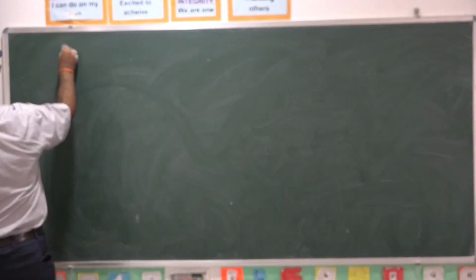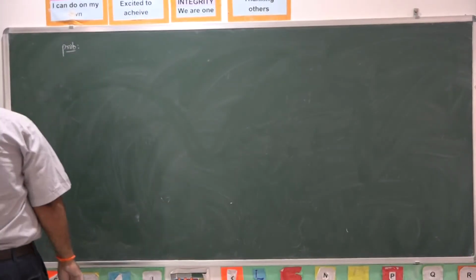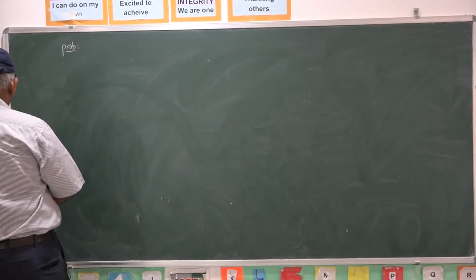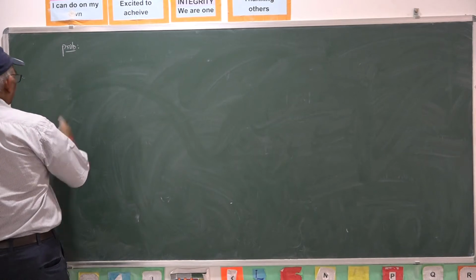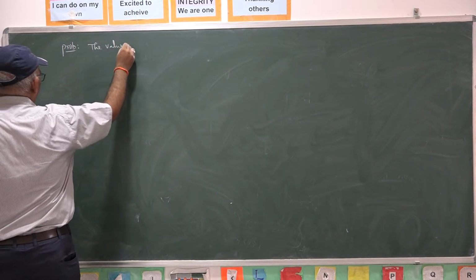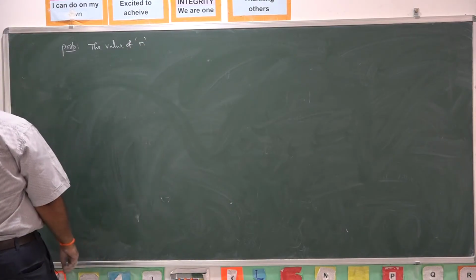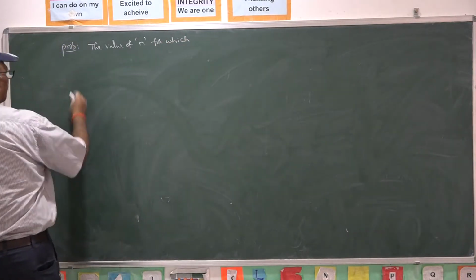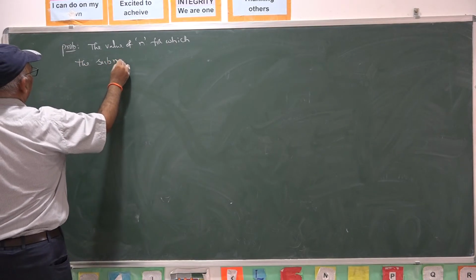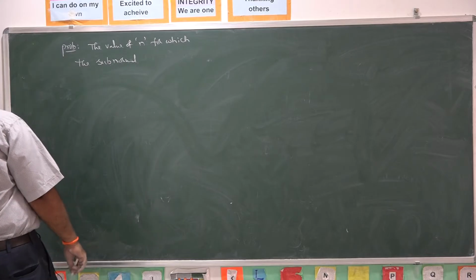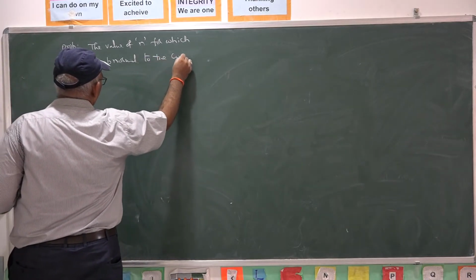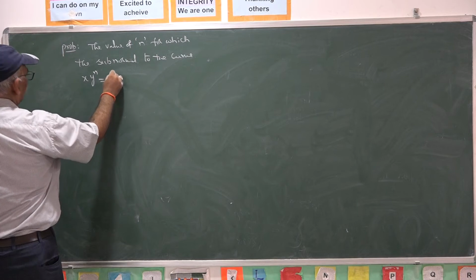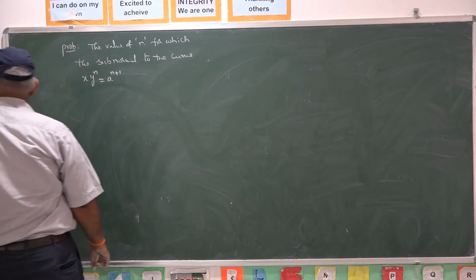Similarly, the value of n for which the subnormal to the curve x y power n equal to a power n plus 1 is of constant length.